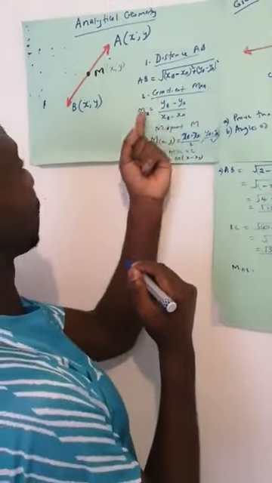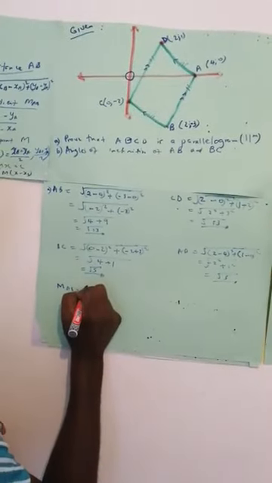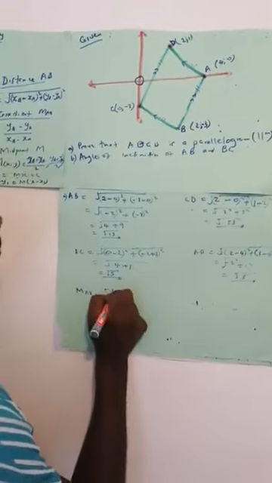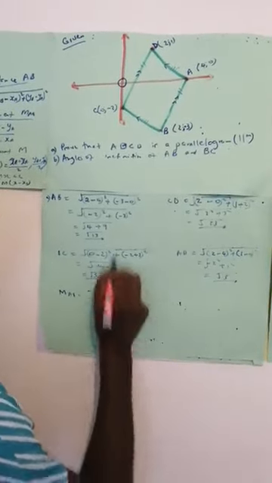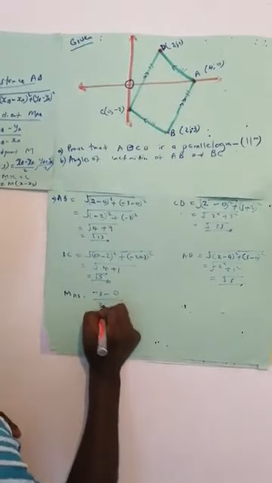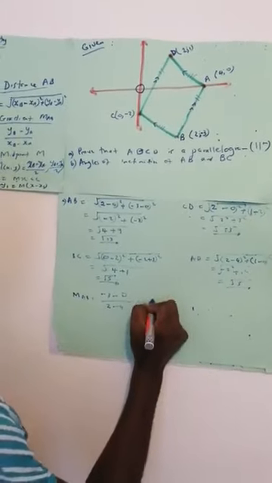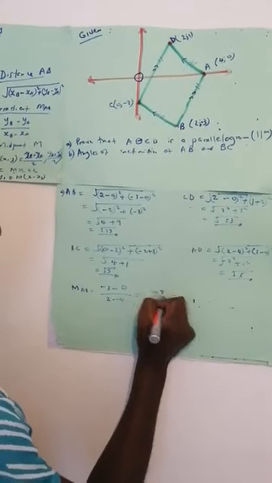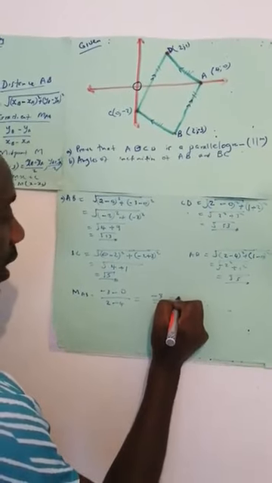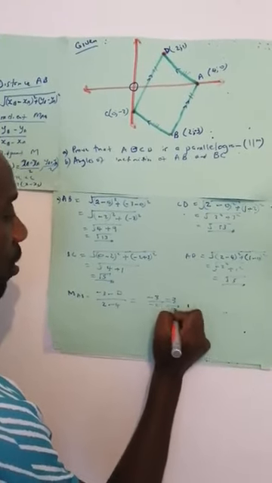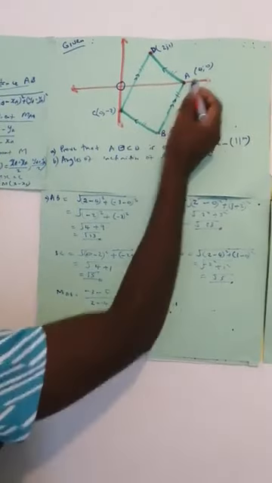We know it is (YB minus YA) over (XB minus XA). So we'll say -3 minus 0, divided by 2 minus 4. And the answer is -3 over -2, and the answer is +3 over 2. That's the gradient for AB.